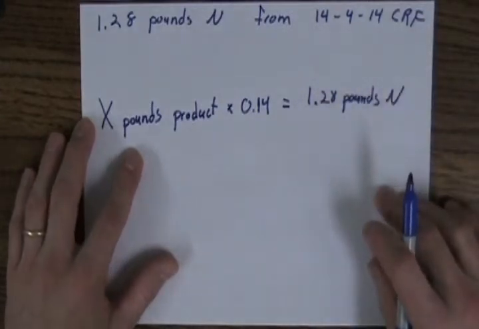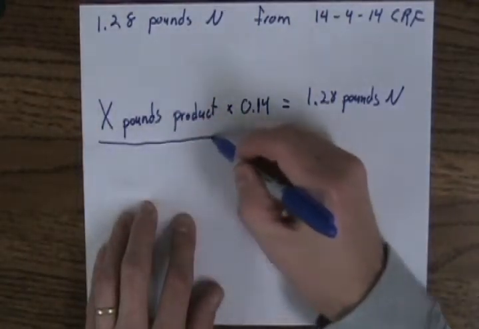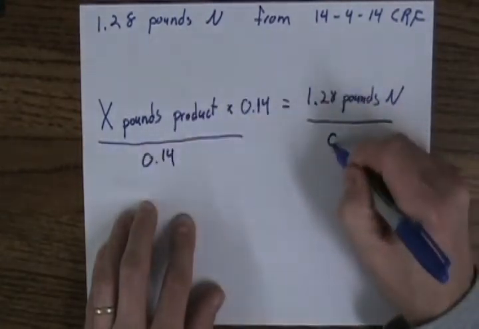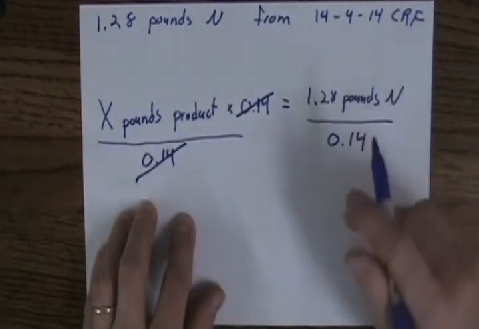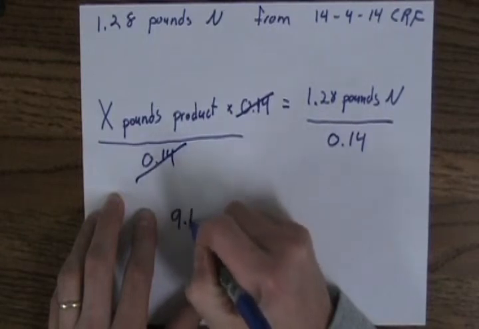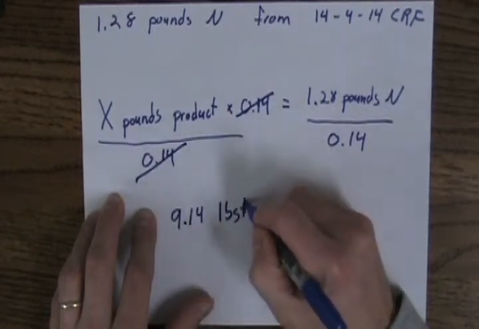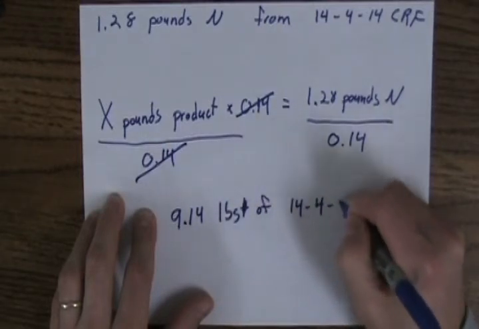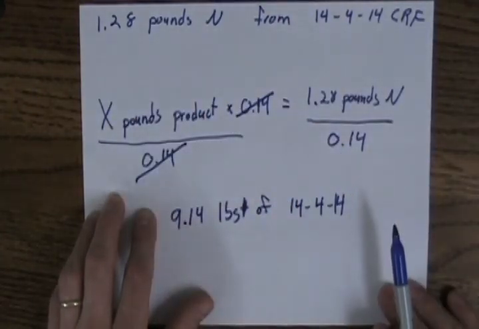So we just do some simple algebra here, and we divide both sides by 0.14, and we'll get rid of that 0.14, and we find out that we need 9.14 pounds of 14-4-14 to get 1.28 pounds of nitrogen.